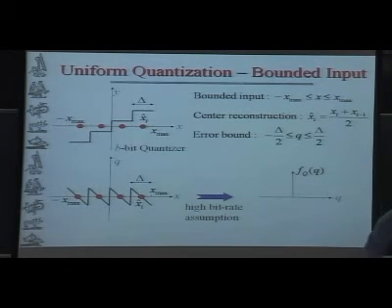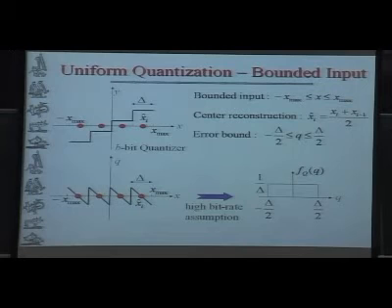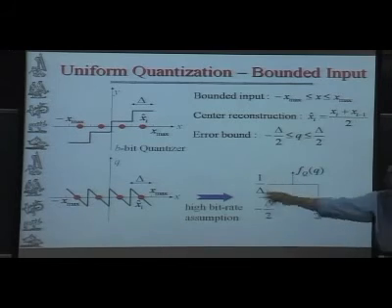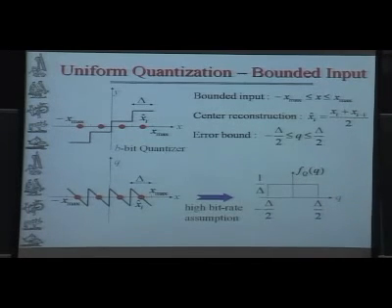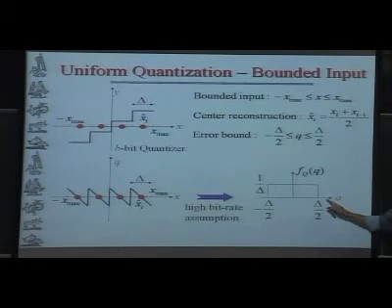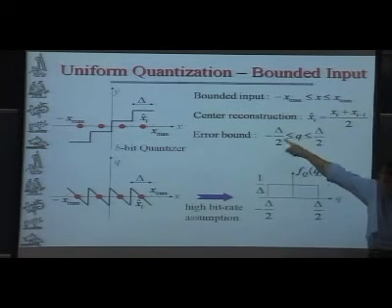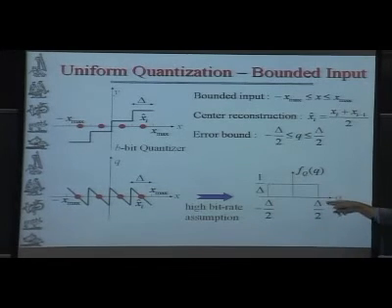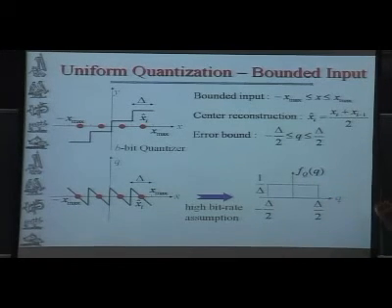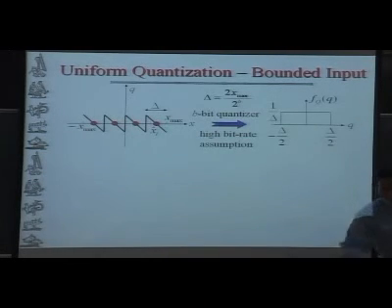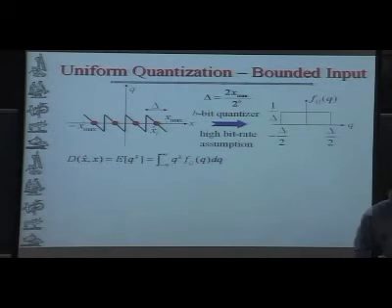My assumption is this: at high bit rate, there's no correlation between q and x, and everything will be uniformly distributed. The quantization error will be uniformly distributed. That means q will live somewhere between here and here, and it will be uniform, so the PDF of q looks like this.